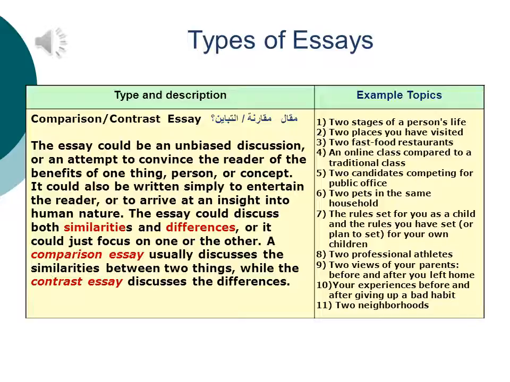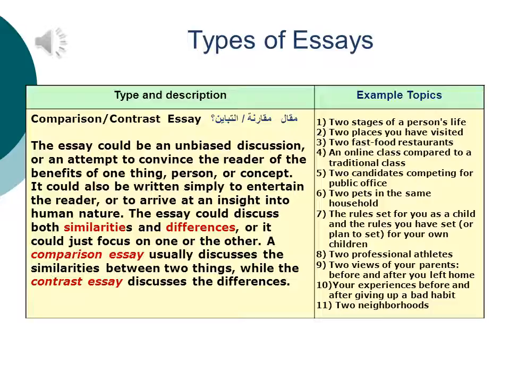The essay could discuss both similarities and differences, or it could just focus on one or the other. A comparison essay usually discusses the similarities between two things, while the contrast essay discusses the differences.